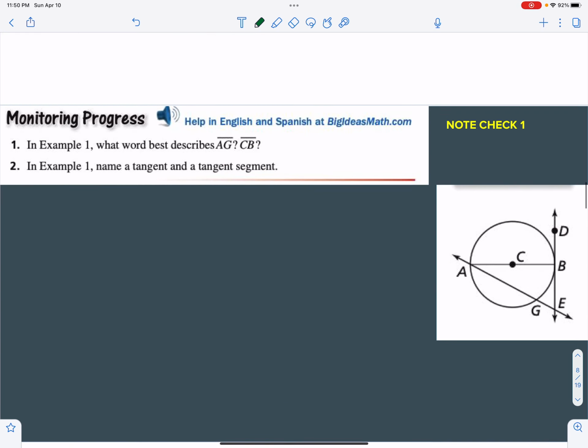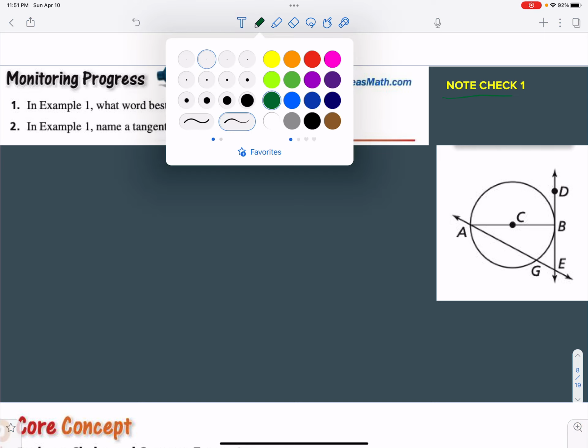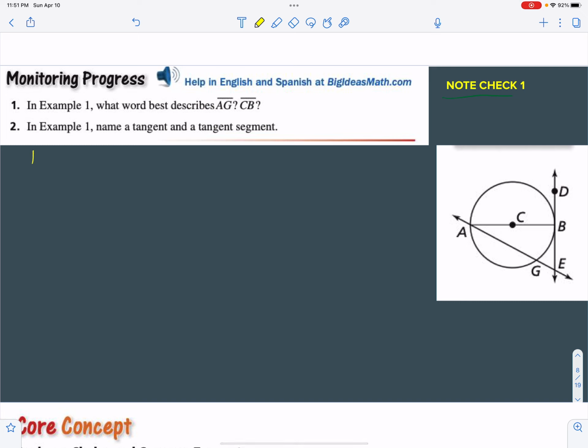So in the monitoring progress, I'm going to do note checks this chapter. What I'd like you to do is have your notes handily available for me about every other day, and I'm going to do a note check. Here's the first one that I'd like you to do. In your notes, please label 10.1, and then call it note check, and then you can do number 1 and put the answer, and then number 2 and put the answer.